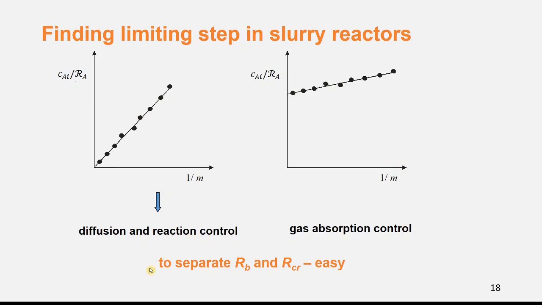It's very easy, as you can see, to separate Rb from RCR. The first is the intercept and the second is the slope. But what do you do if you find that RCR is controlling? How do you know whether the external diffusion or the internal diffusion or the reaction that is controlling?